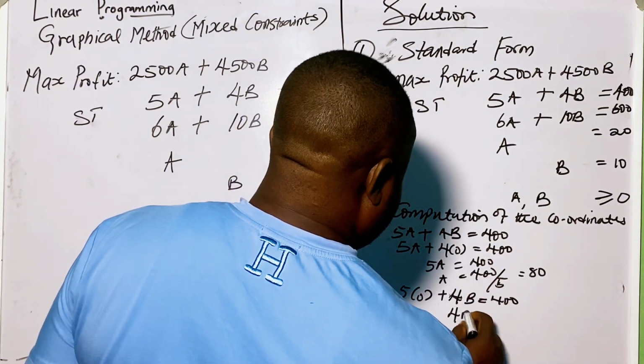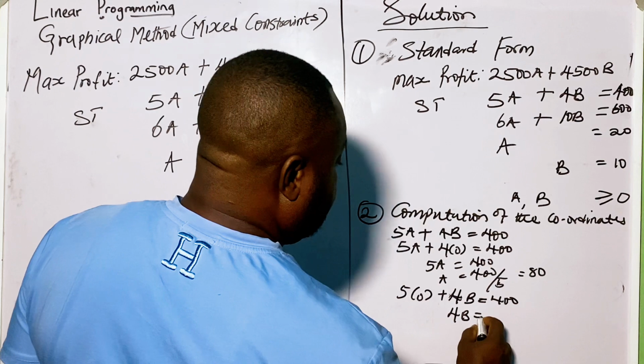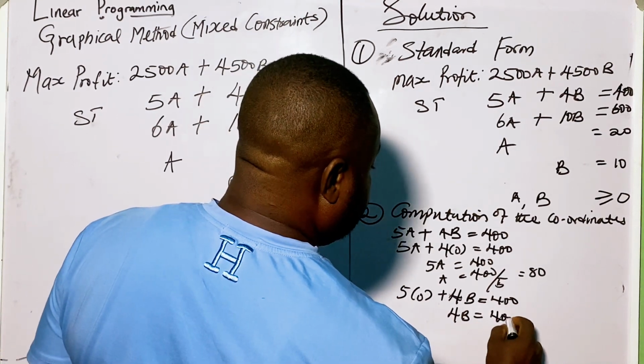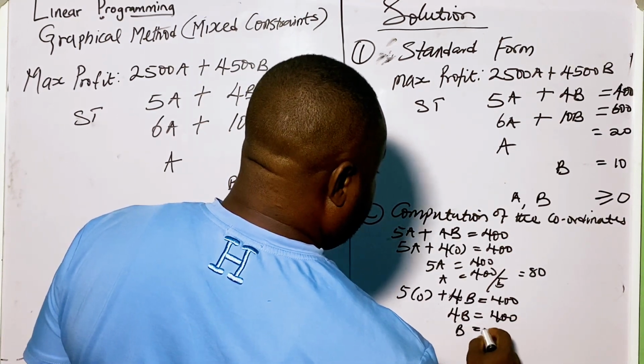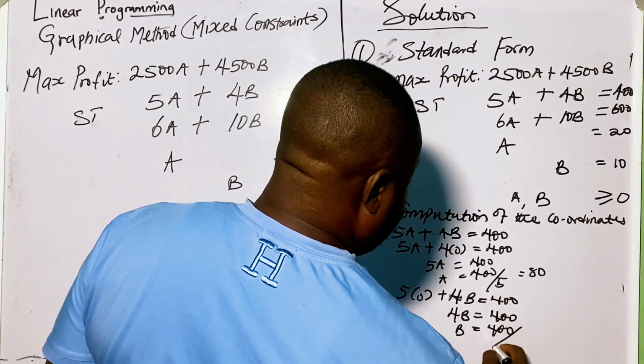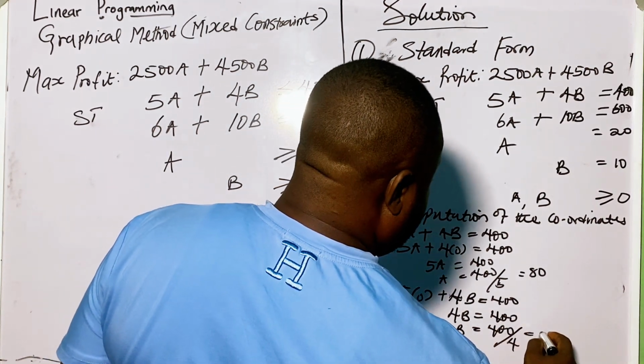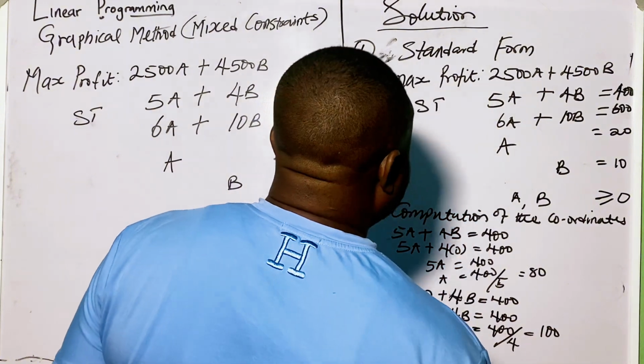That is to say that 4B will be equal to 400, where B will be equal to 400 by 4, which is equal to 100.